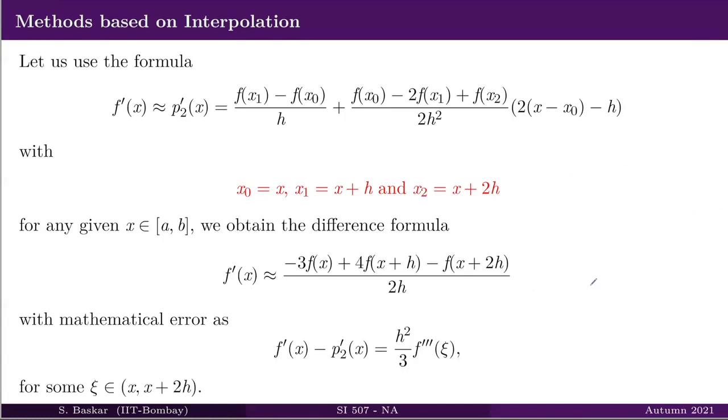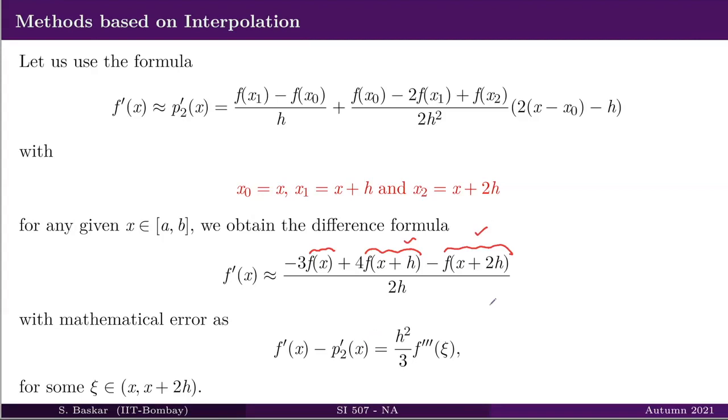And one can write the mathematical error for these formulas also. How will you do that? Wherever there is a scope, you expand that with the Taylor formula. For instance, you can expand this in Taylor formula. You can also expand this in Taylor formula. Well, you need not expand this in Taylor formula. So you take these two, expand in Taylor formulas, substitute those expressions into it.